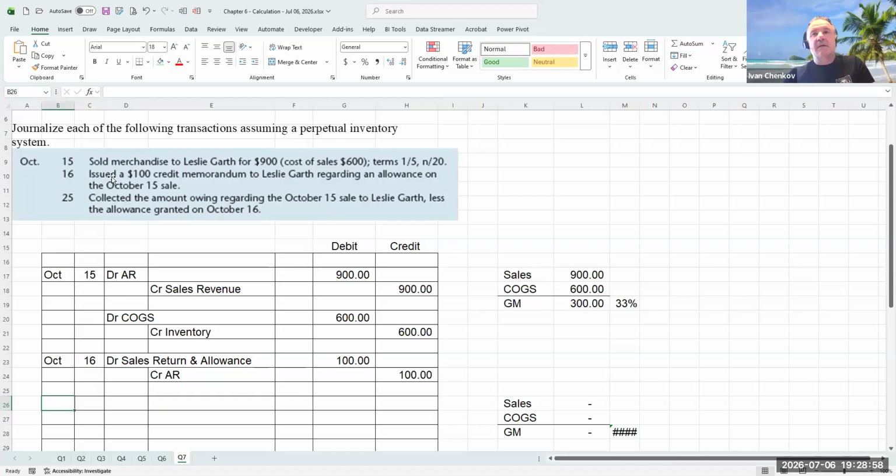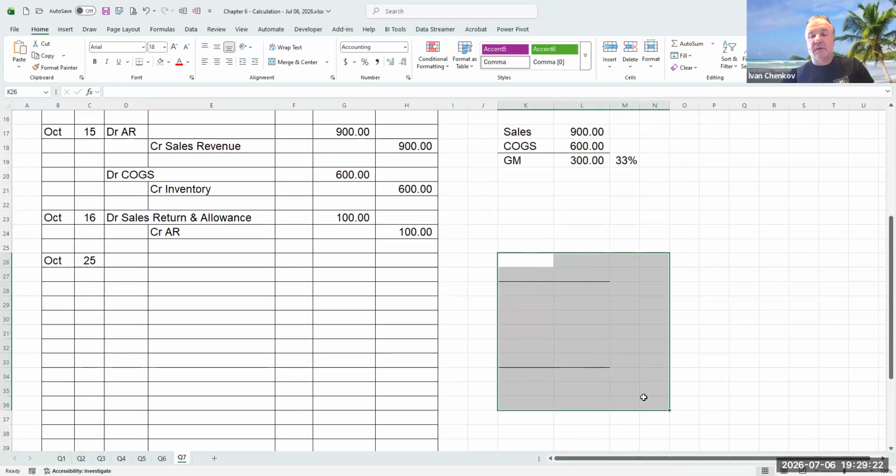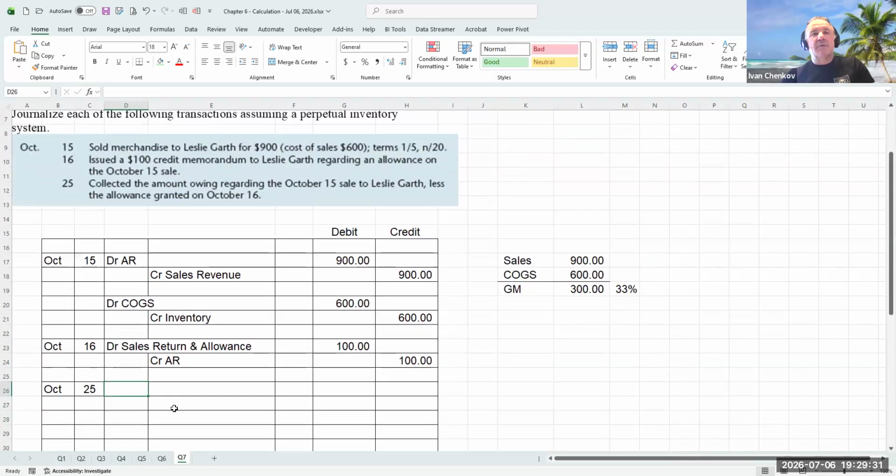Now, the next thing that comes is October 25th. Now our terms are within 5 days 1%. Does this company follow that term? Obviously not. They're above that. So we're not going to calculate any percentages here, so I can easily delete those cells. So then what are we going to expect?